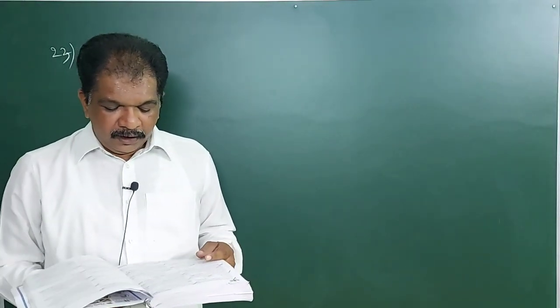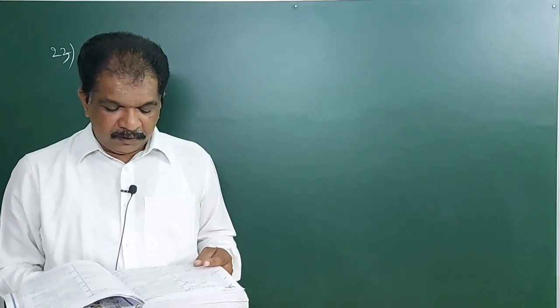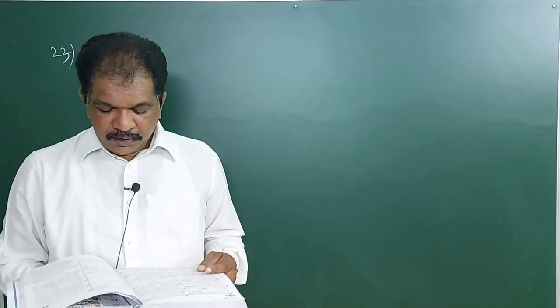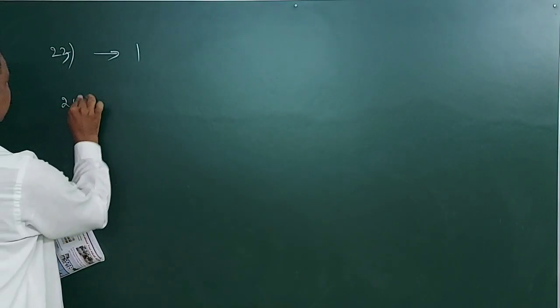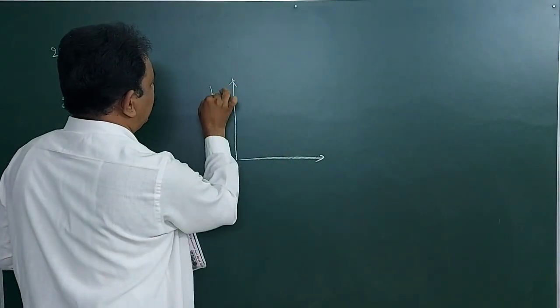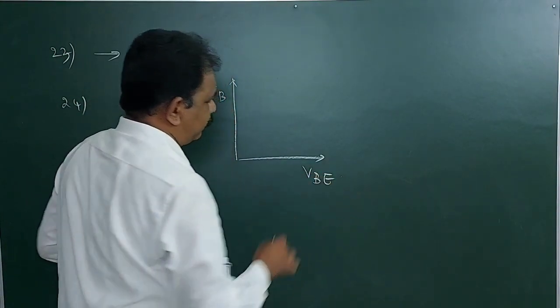24. Input characteristics of a transistor in common emitter mode is the graph obtained from. Input will be drawn between IB and VBE.